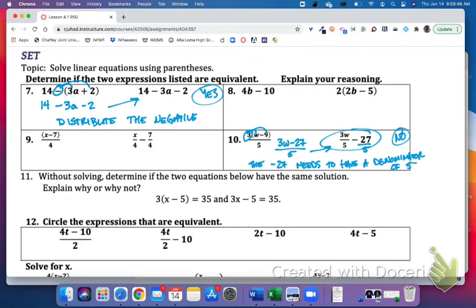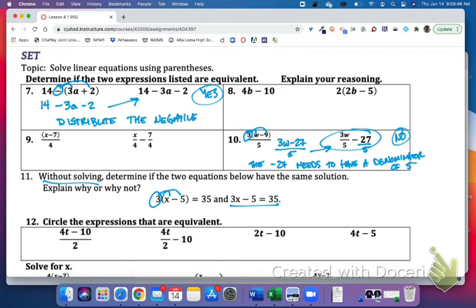Now, for number 11, it's kind of tucked in there. So the big part here, without solving, I don't want you to tell me the answer. Instead, I want you to think about what is happening with this equation. So you have a 3 outside your parentheses, and I distribute it in. Here it's saying that I'm going to get 3x minus 5 equals 35.